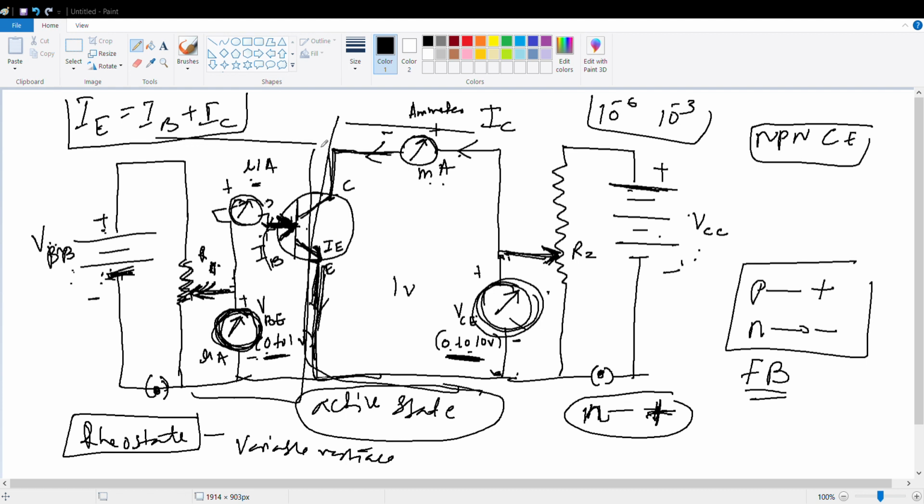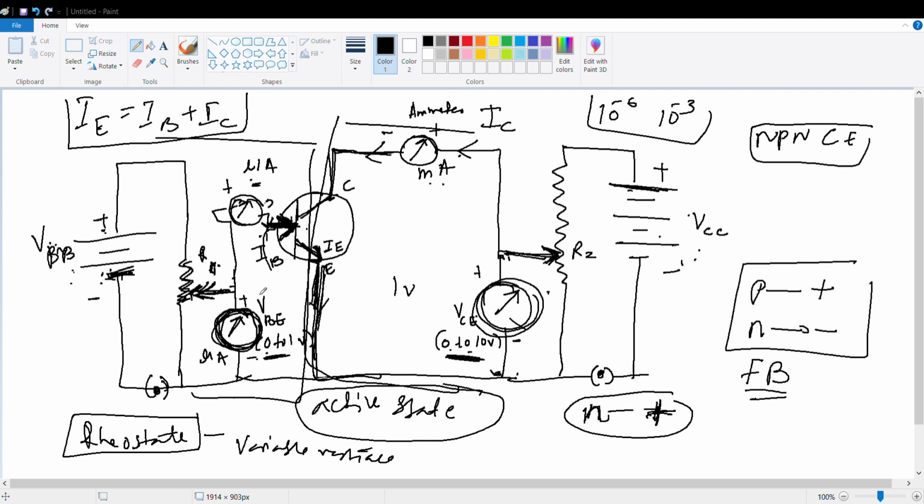Now we will go to output characteristics. What is output characteristics? Write down: the variation of collector current IC with respect to VCE, the collector-emitter voltage, at constant base current, IB equal to constant, is called the output characteristics.